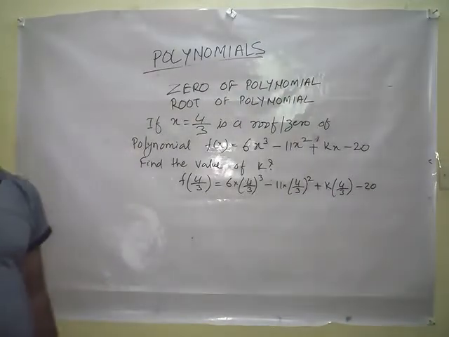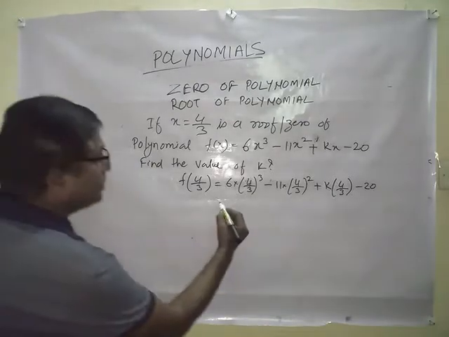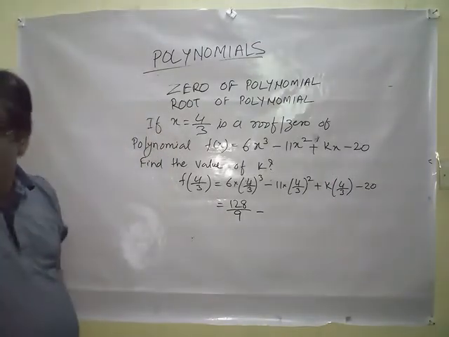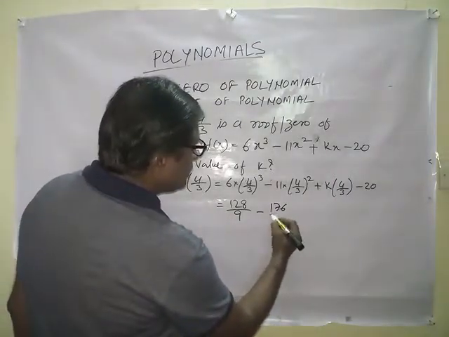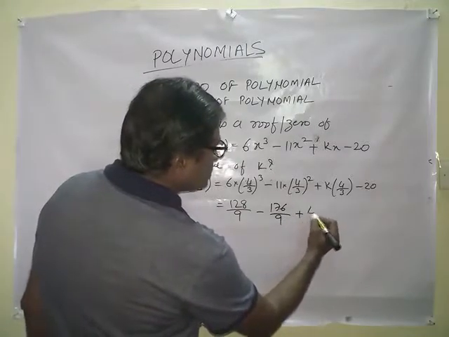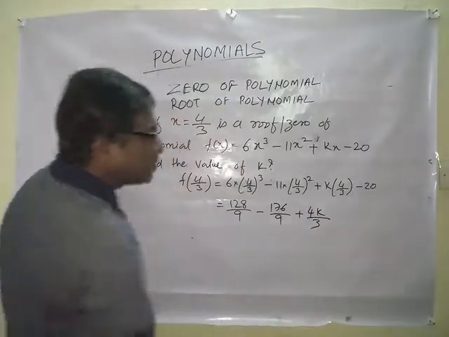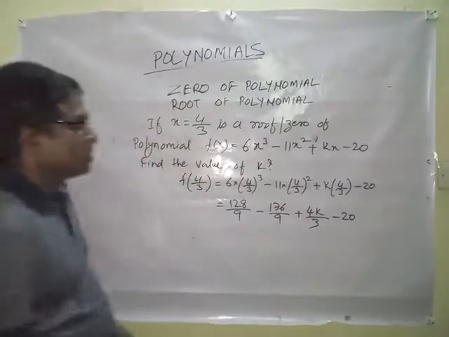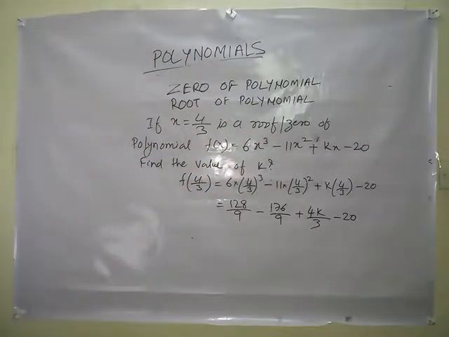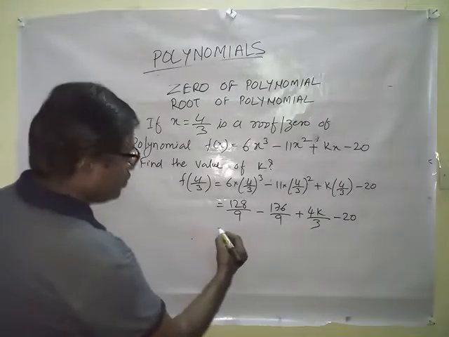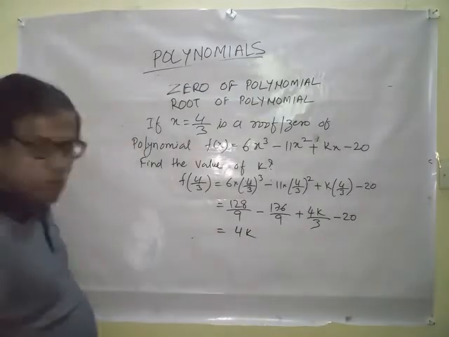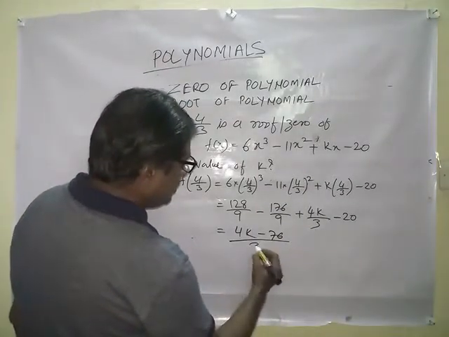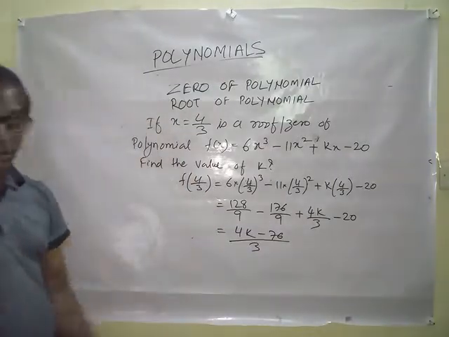On solving this, you will get 128 upon 9 minus 176 upon 9 plus 4k upon 3 minus 20. So this equation will become 4k minus 76 upon 3. I hope you can solve this; I don't have the calculator right now.